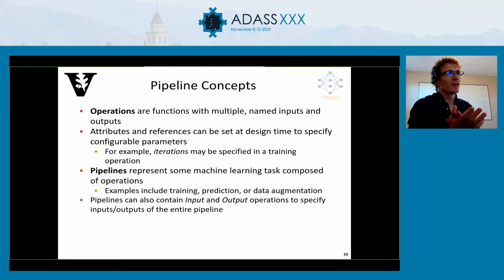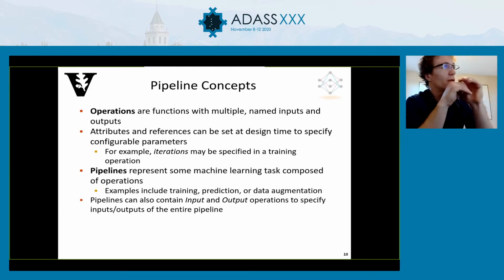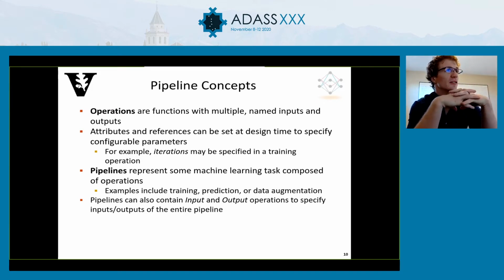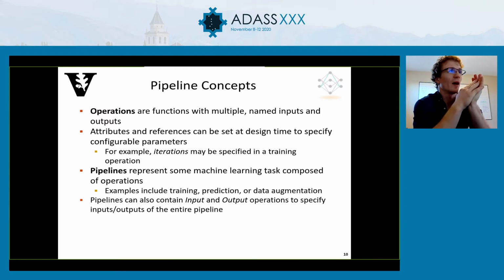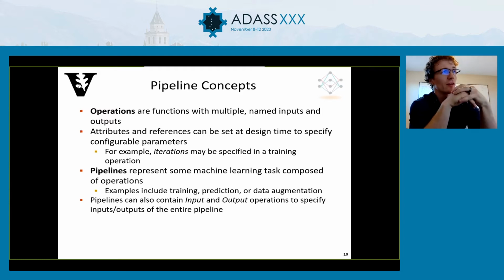Now, digging into these pipeline concepts a little bit further, operations are functions, like those gray boxes that we saw 2 slides ago. They have multiple named inputs and outputs. They have attributes, and references can also be defined for an operation.